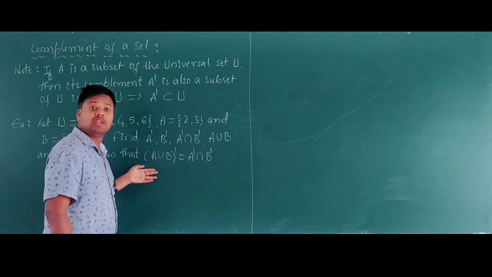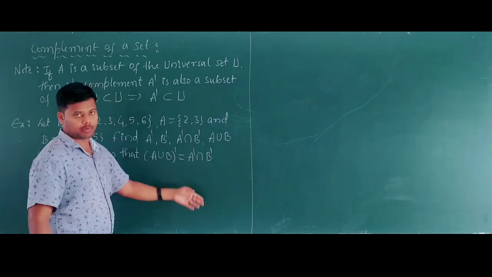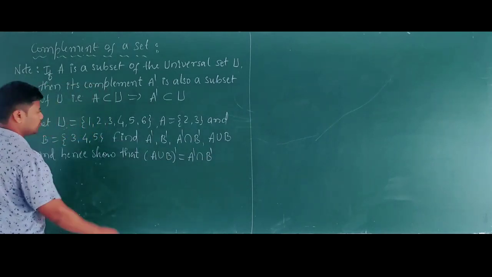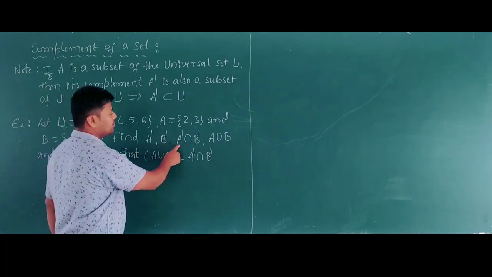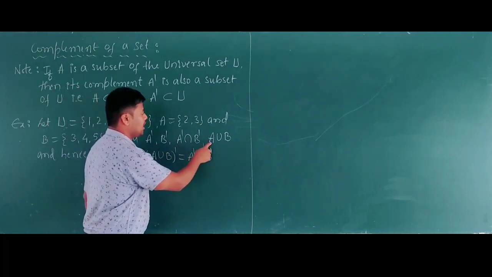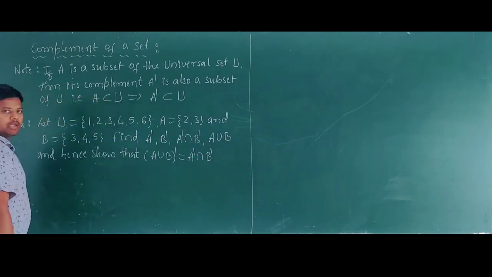This is De Morgan's law. The property was already learned. So this is a prove-one. To prove this, we need to find A dash, B dash, A dash intersection B dash and A union B.